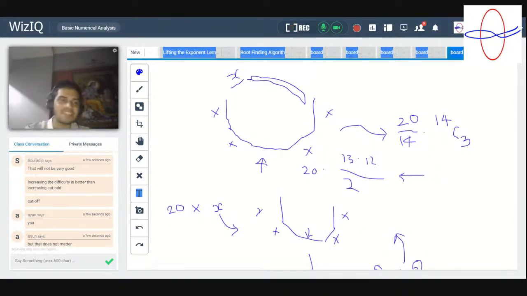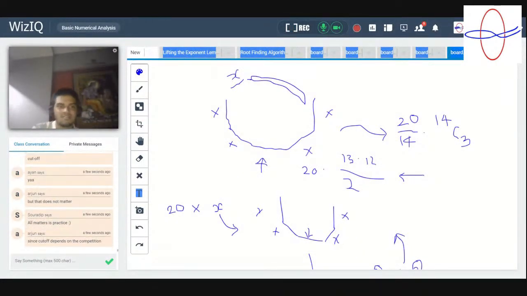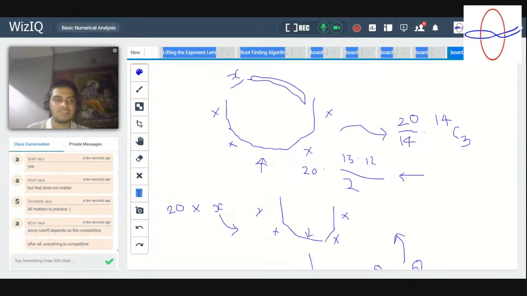In the end, it does not matter. Whatever they do, they will do that. But since this is sound logic, okay. Cutoff depends both on the competition and the toughness of the question paper. If I give you a pre-RMO type question paper with 20 seats, then the cutoff will be insanely high, maybe 90% or above.